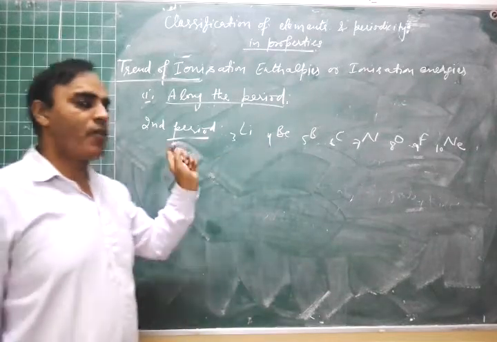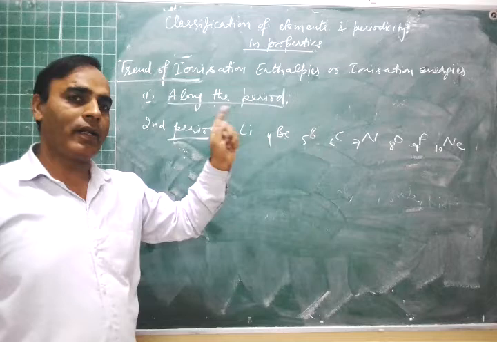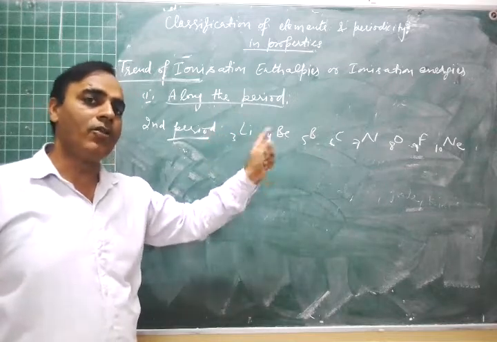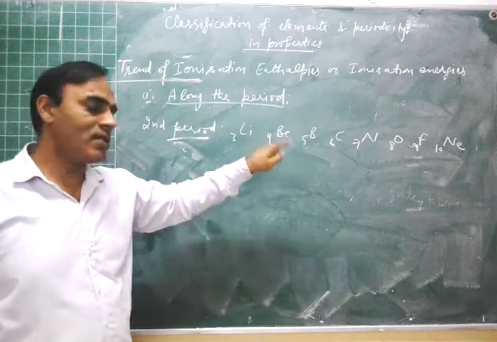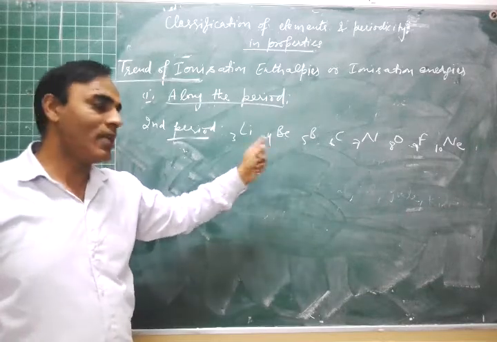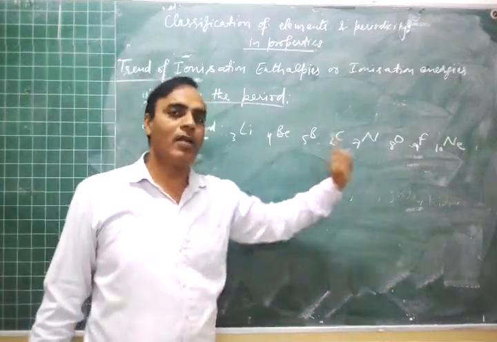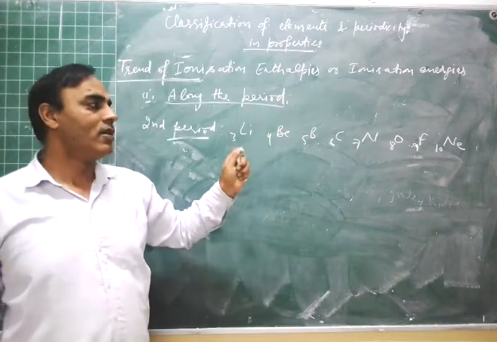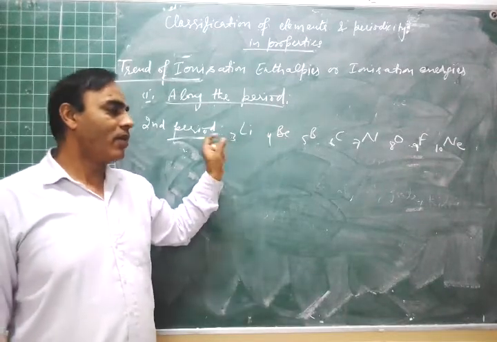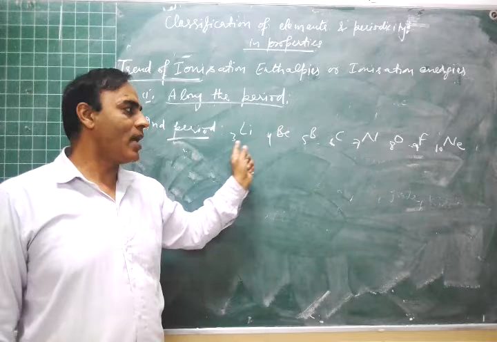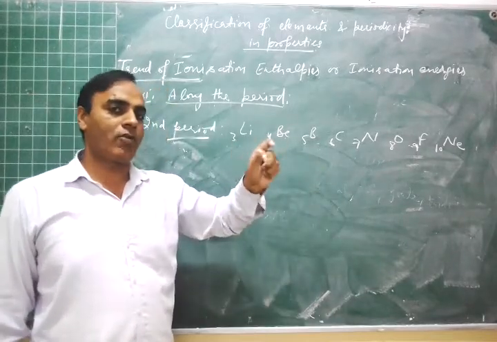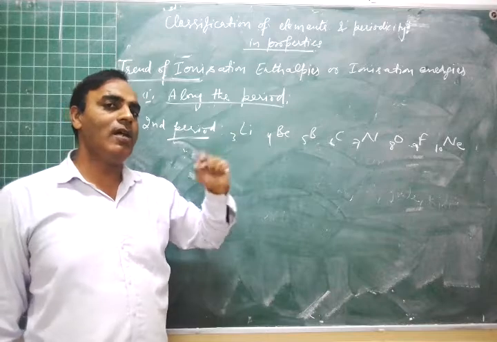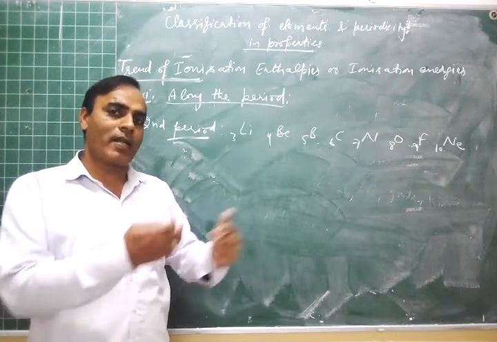Right? So the number of protons are increasing, and protons are present in the nucleus, and protons carry positive charge. It means the positive charge of the nucleus is increasing as we move along the series. So the force of attraction between the nucleus and the electrons increases, because electrons carry a negative charge and the nucleus carries a positive charge, and negative and positive attract each other.